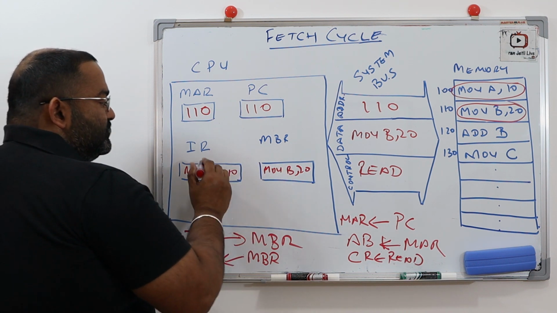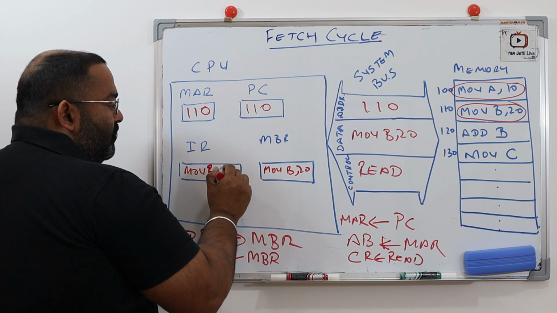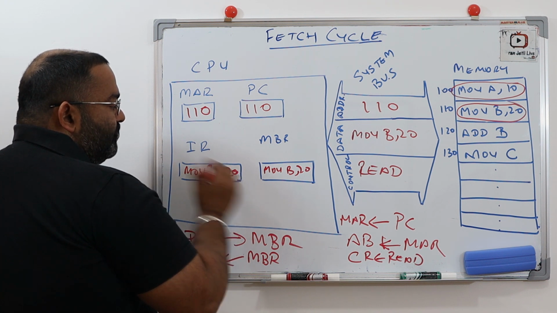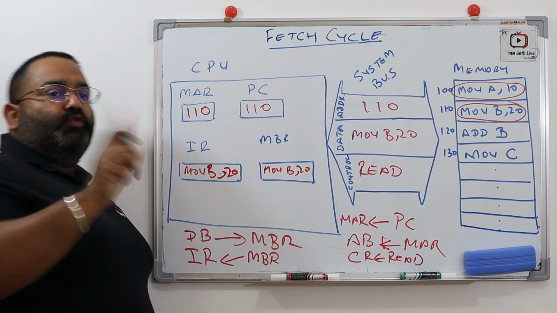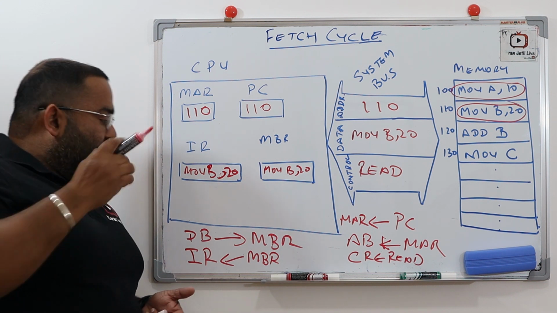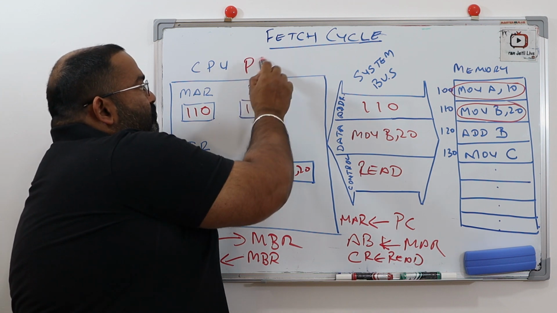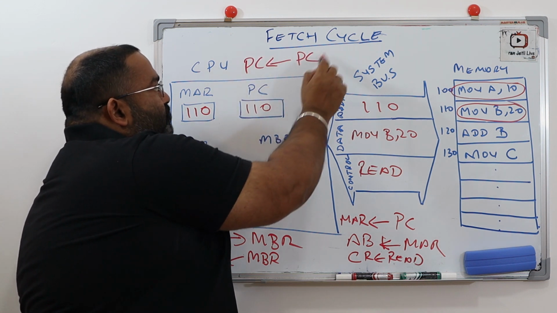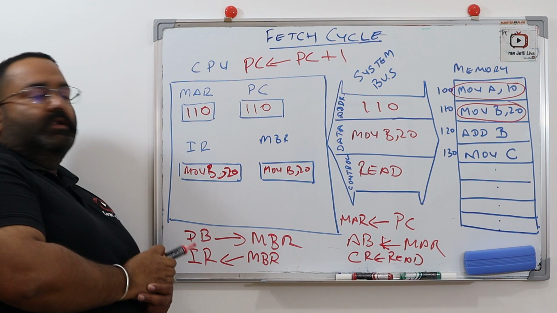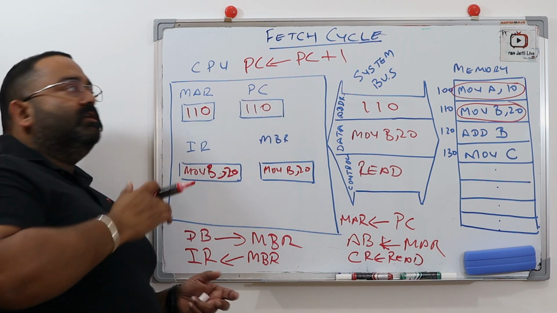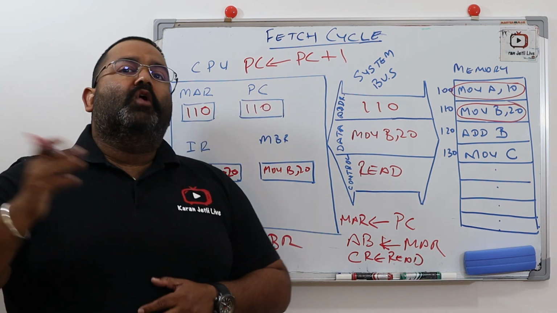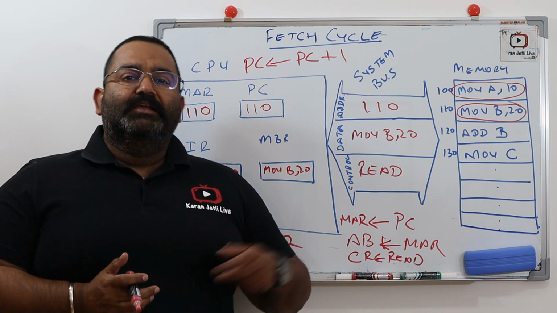So what comes here is B comma 20. Then what is the last part? Increment the program counter: PC is equal to PC plus 1. Whatever is in the program counter, increment it to point to the next memory location.